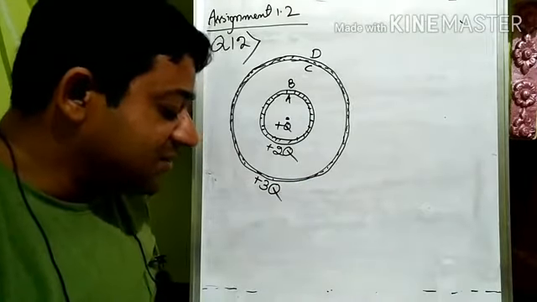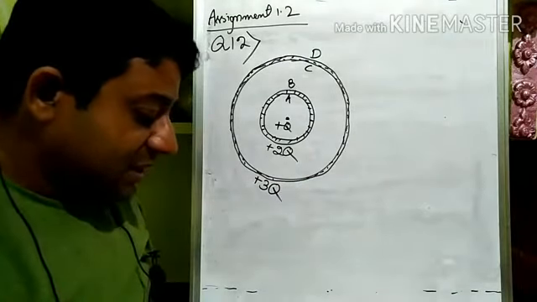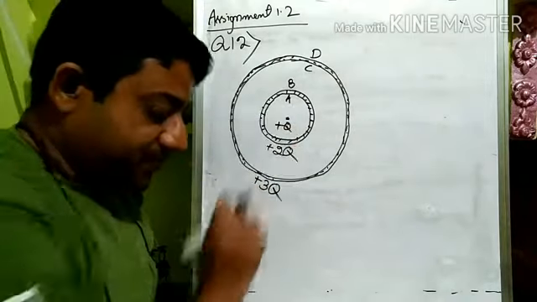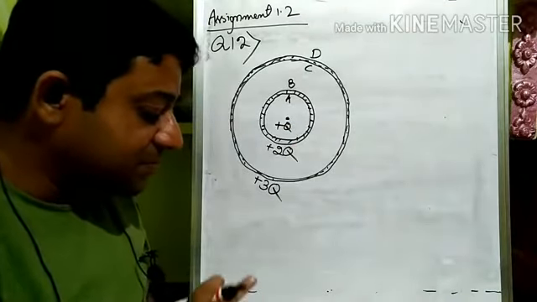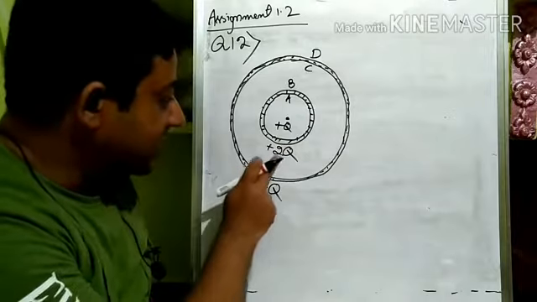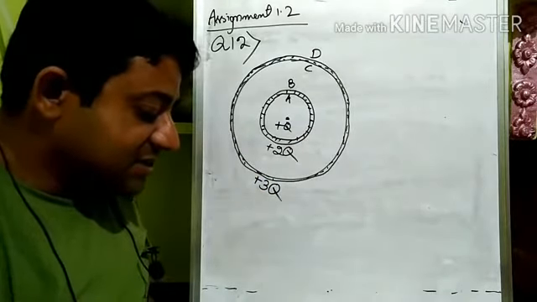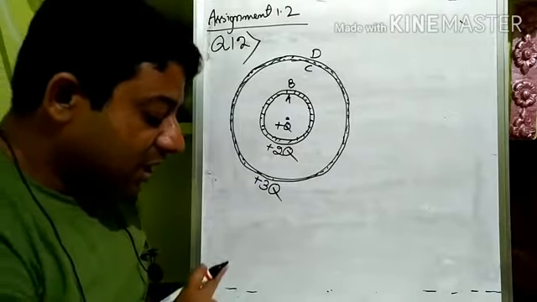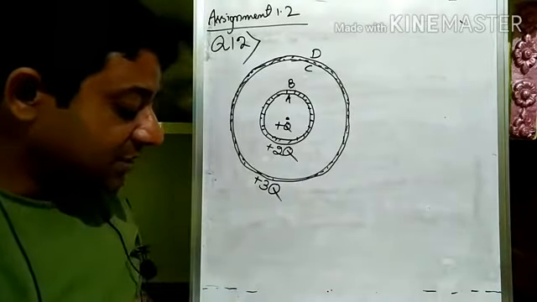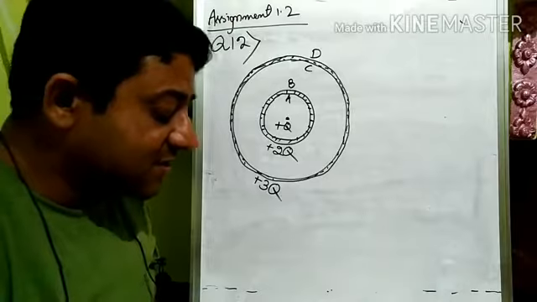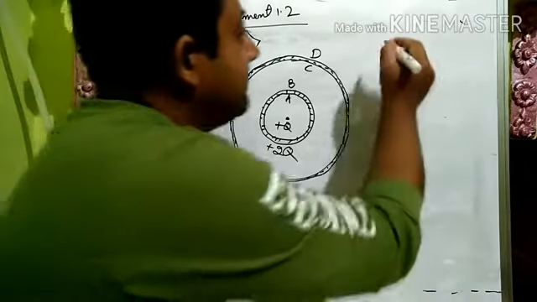A charge plus Q is kept in the inner cavity, and a charge plus 2Q is given to the inner shell. A charge plus 3Q is given to the outer shell as shown in the figure. Now the question is, find the charges at the surfaces A, B, C, D.